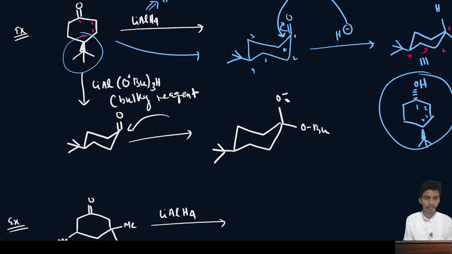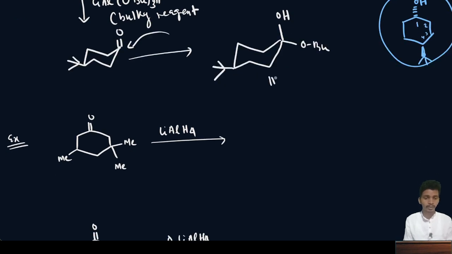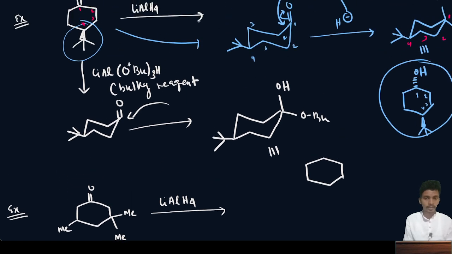Now after hydrolysis it becomes OH. Now convert it into the cyclohexane form. At the position, we have this carbonyl group, and these are positions 1, 2, 3, and 4. This group is the solution.